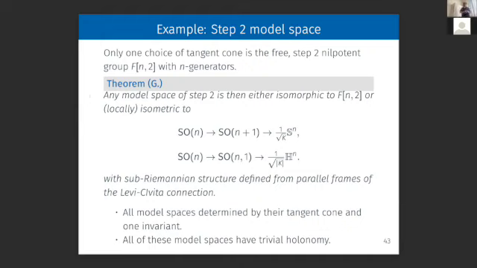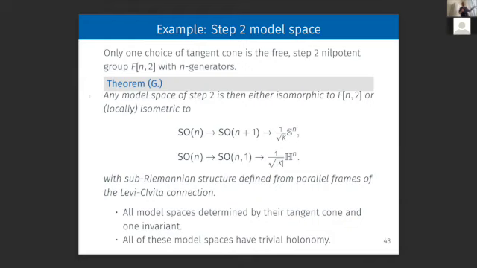Then what you can do is write your curve along with your parallel transport as a curve in SON+1. Essentially, you take the position on the sphere plus your frame, which is then taken to a position on the sphere plus a frame.